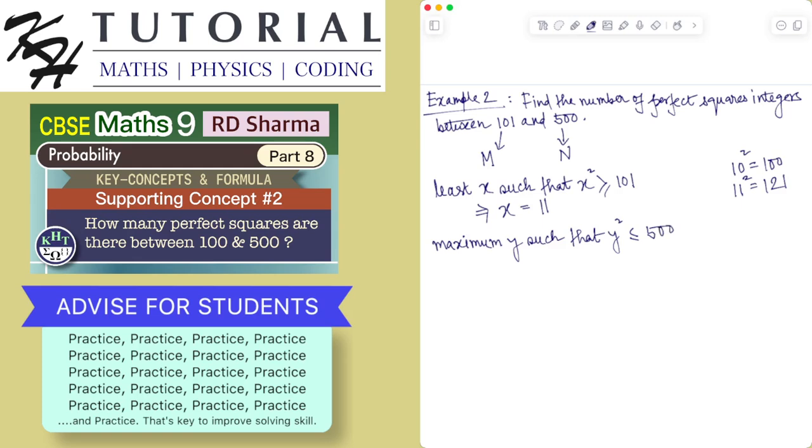Okay, for this problem we can also do it orally. We know that 25 square is equal to 625, which is greater than 500. So we check the next number. 24 square will be equal to, I don't know, let's see, 24 square is 576.